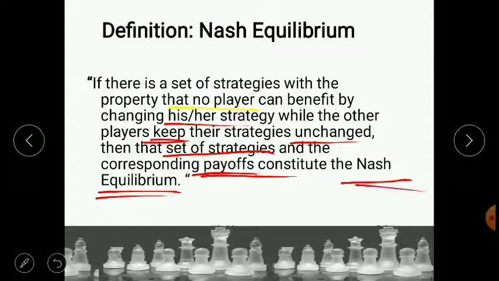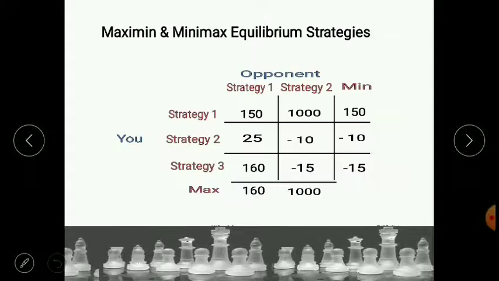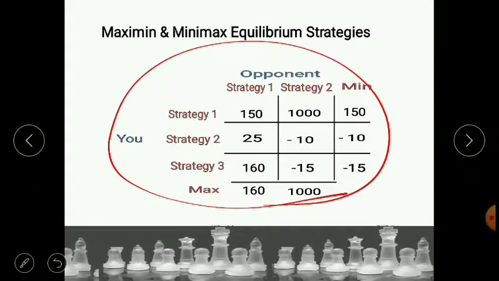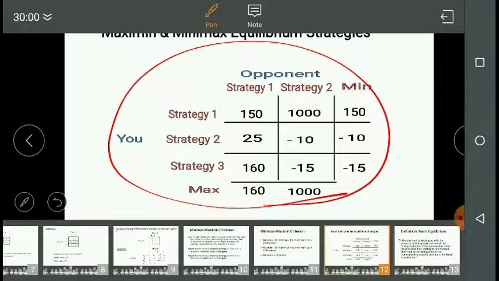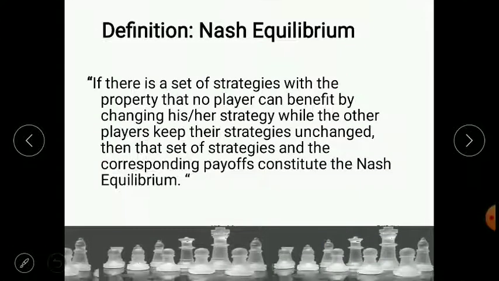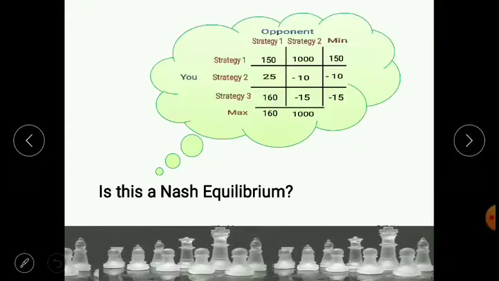Okay, so that is the understanding of Nash equilibrium. Now, I want you to go through this problem once again and tell me whether this example that we discussed is a Nash equilibrium or not. That is the assignment for you.